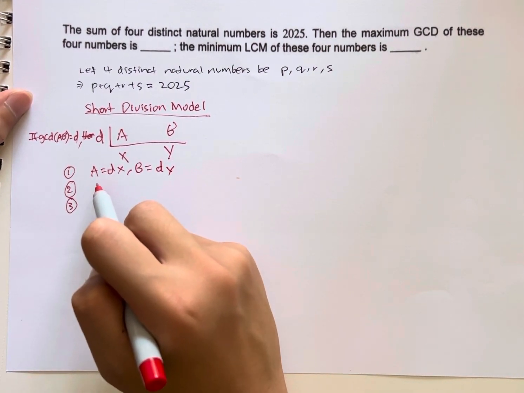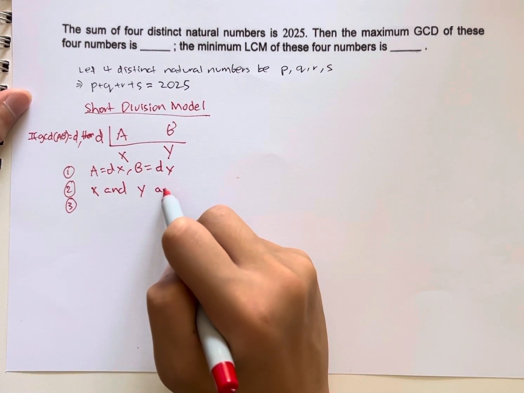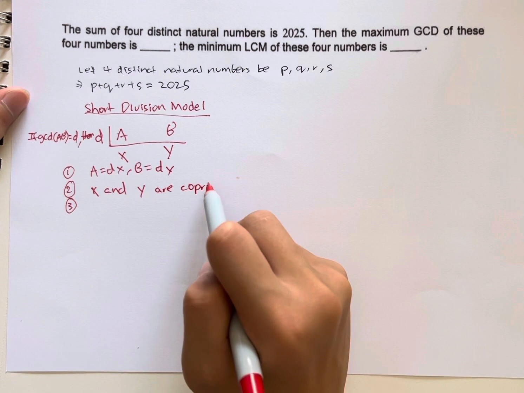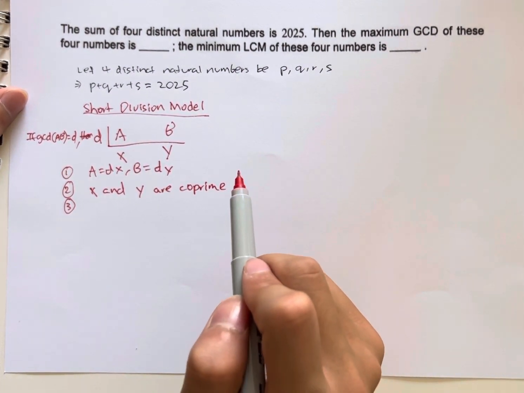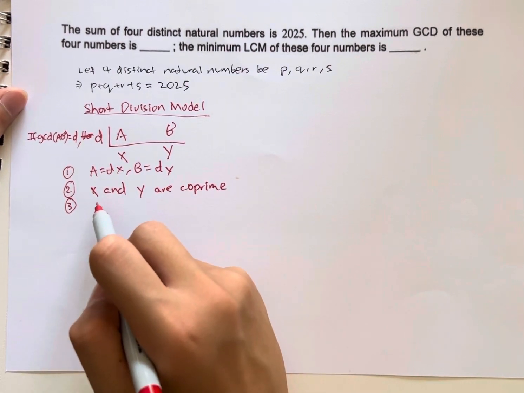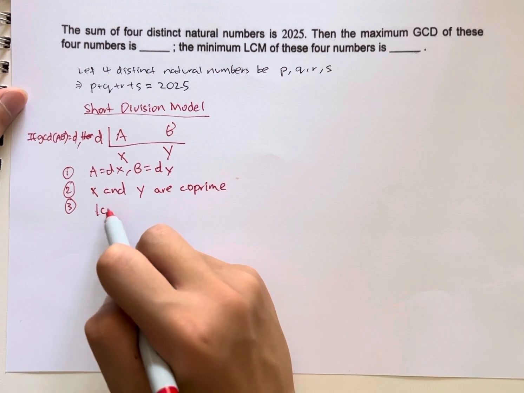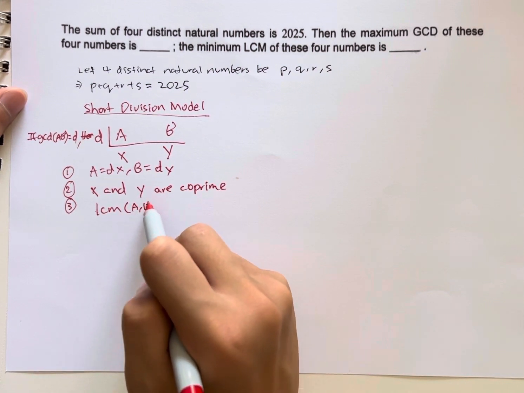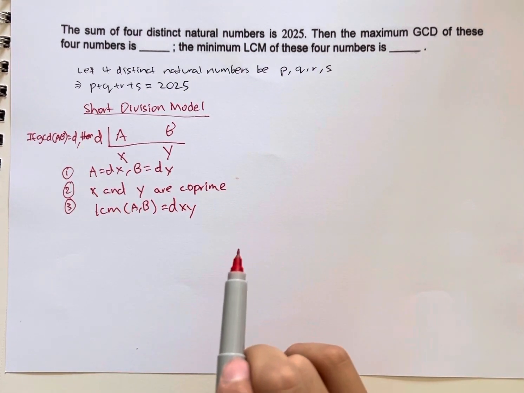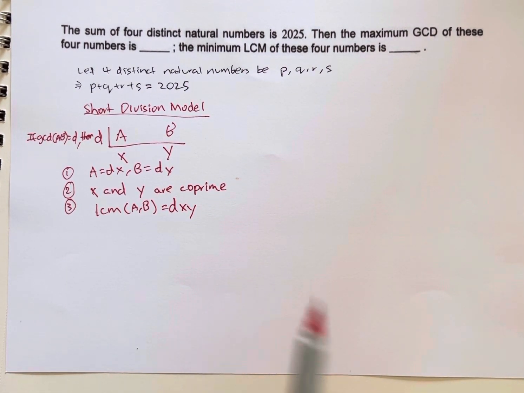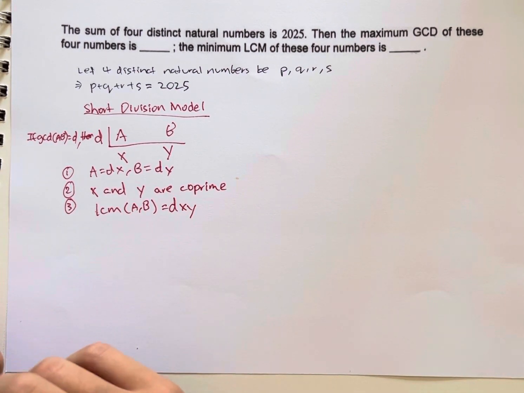Then x and y are co-prime, because since D is already the greatest common factor, x and y have to be co-prime, because dx equals A, dy equals B. And then you'll get that LCM(A, B) will equal dxy. For the last one, the only difference between A and B are x and y, so the LCM will just be x times y times d.